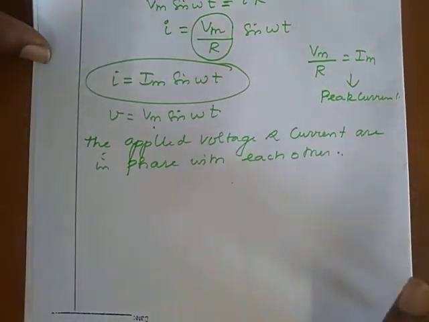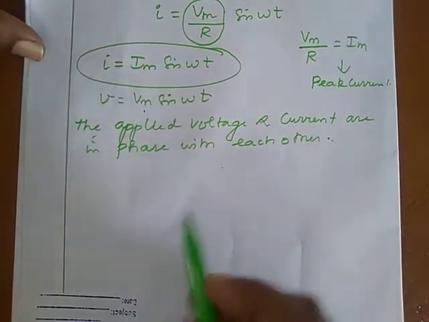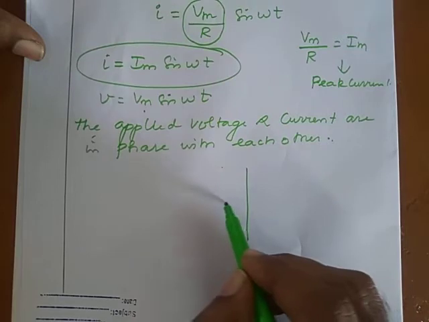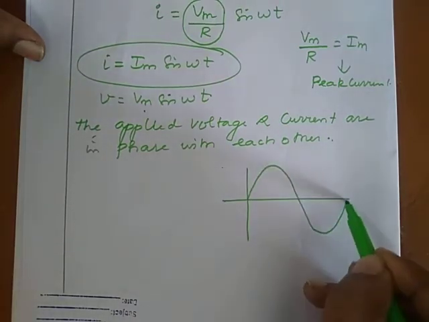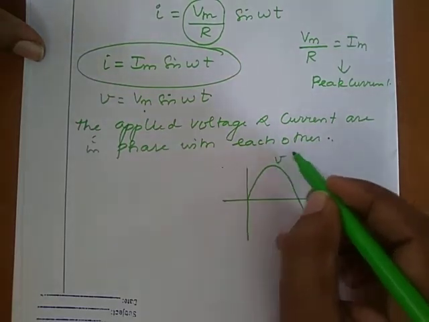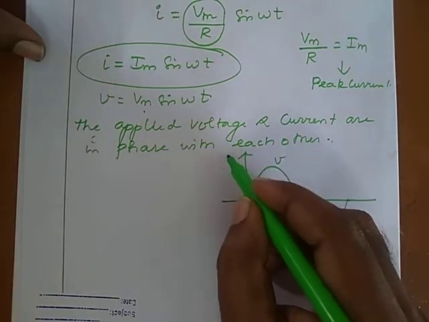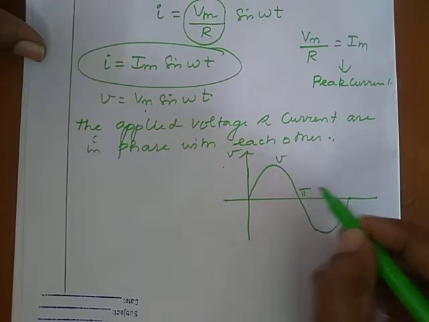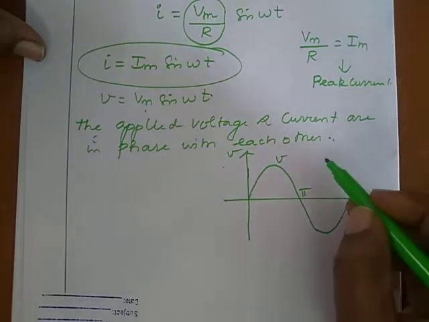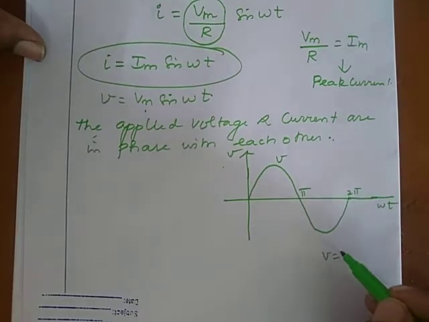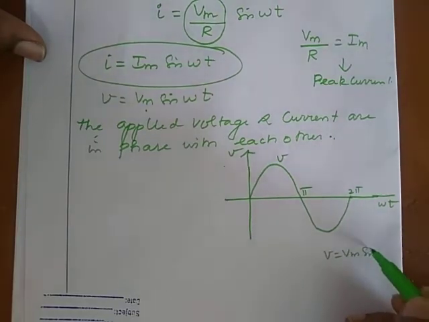Let me see in the diagram. First of all, I draw a voltage, that is V. Then this one is pi, this one is 2 pi, this one is omega t. Here the voltage is V equal to Vm sin omega t.